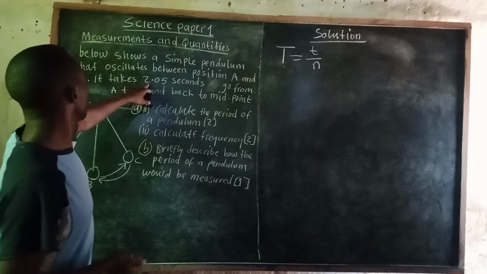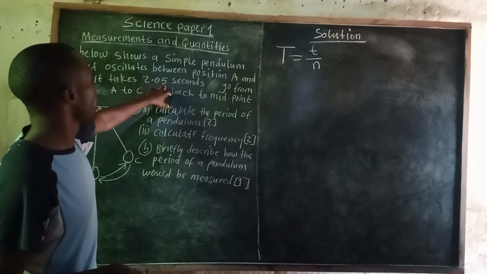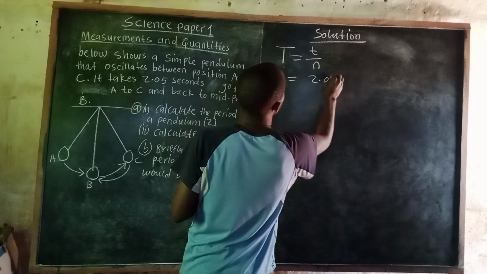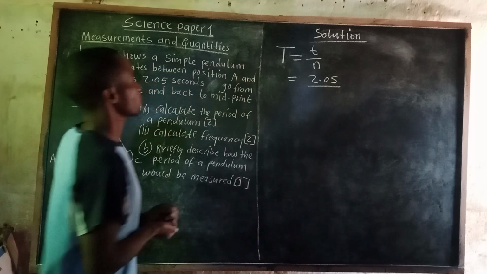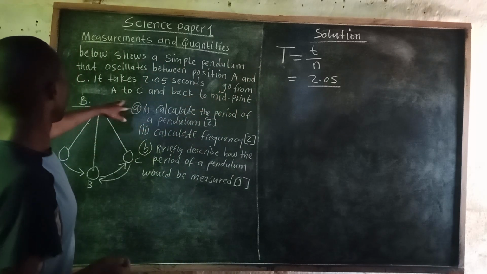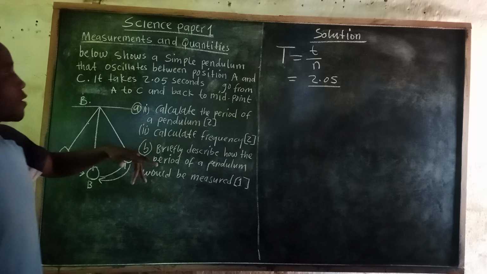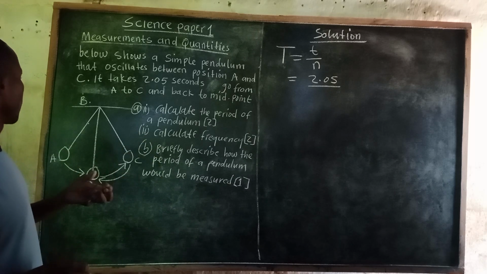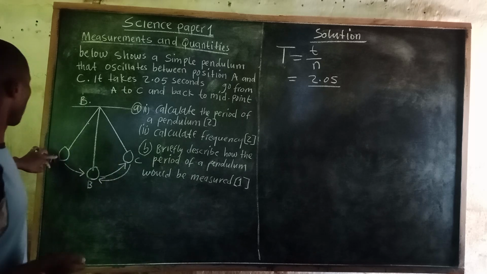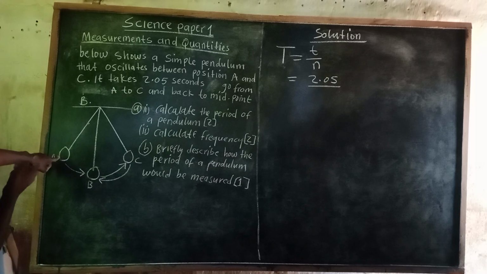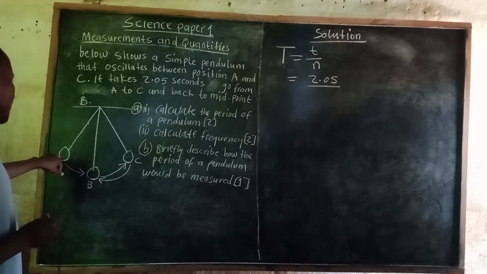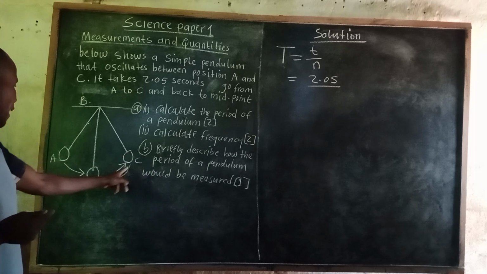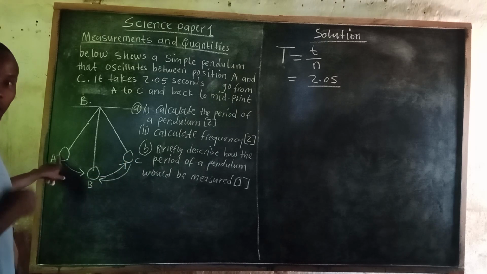So the time taken, remember, is 2.05 seconds over N. N is the number of oscillations. For one oscillation to be completed, the bulb has to move from point A to C and back to B, or to A again.